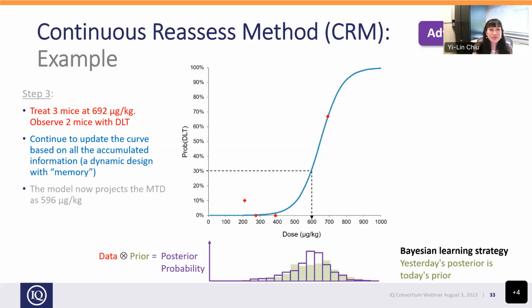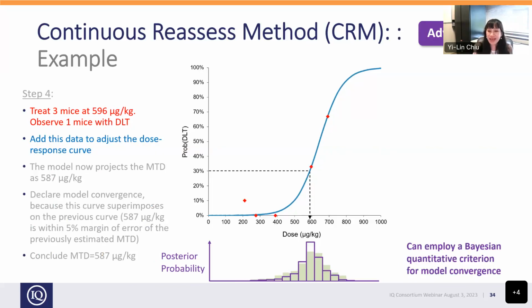So then step 4, again, yesterday's posterior is today's prior. Then they become green, and we treat 3 more mice at 596 microgram per kg. We observe 1 with DLT, and so we can declare model convergence.